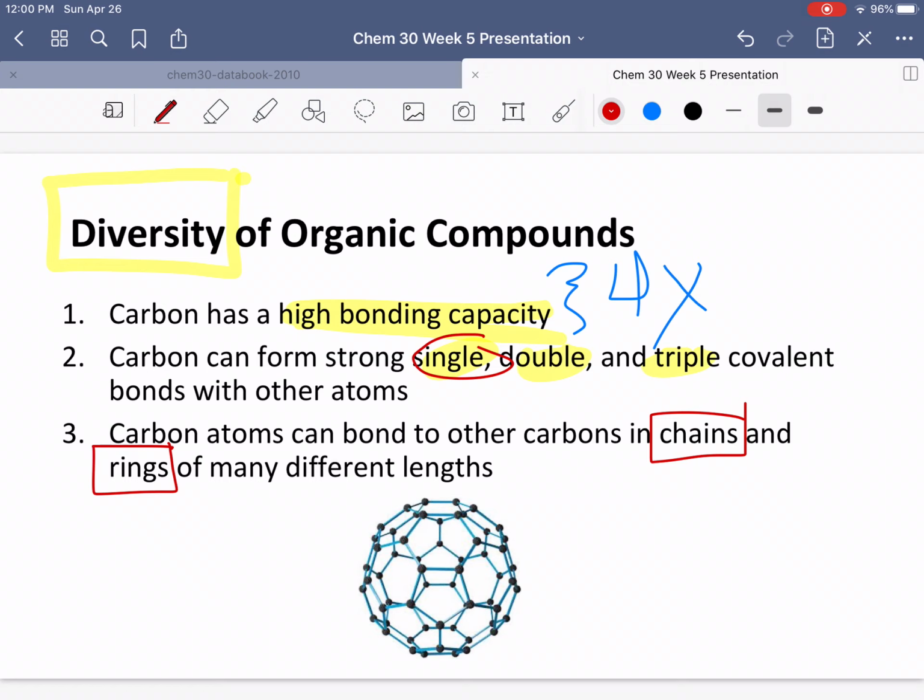We'll barely touch on rings this week. These are called cycloalkanes, so cyclo meaning cyclical, but there are some very cool ways that carbon can form different types of structures. So if you're curious about it, definitely do some research on your own, check it out.